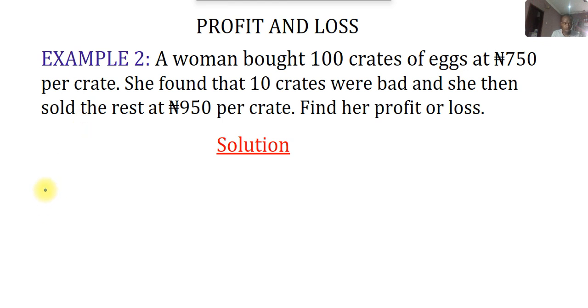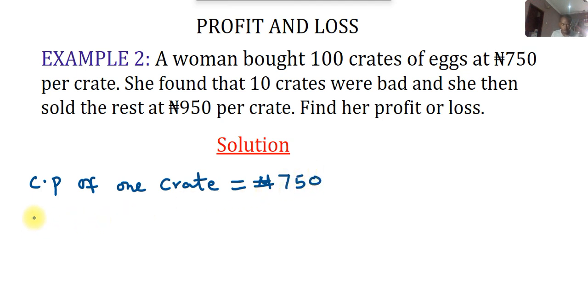We have the cost price of one crate of egg is actually 750 naira.